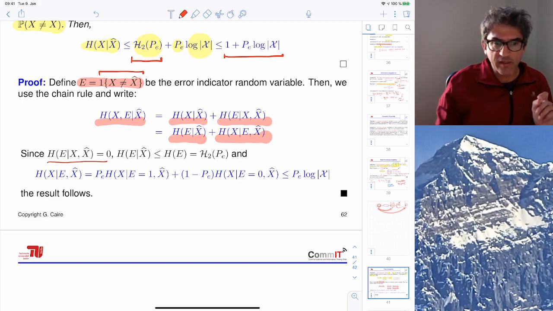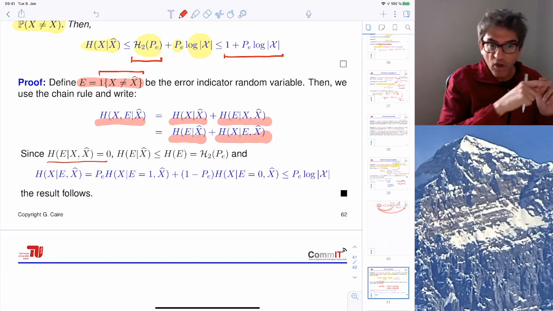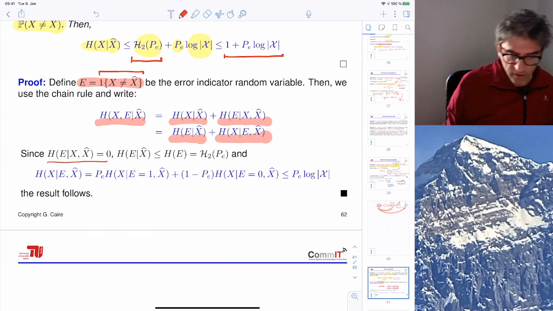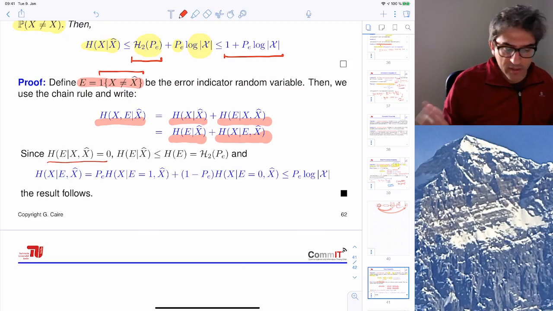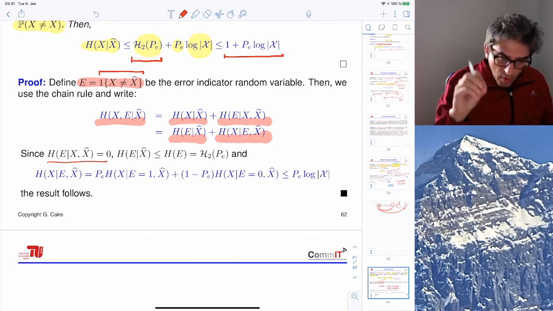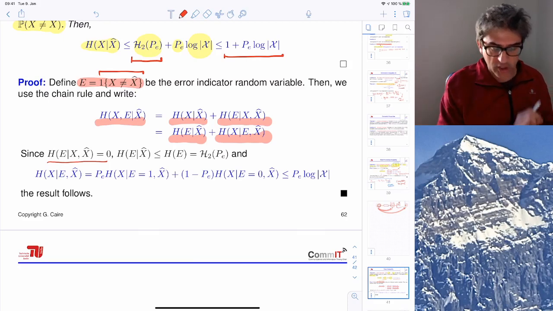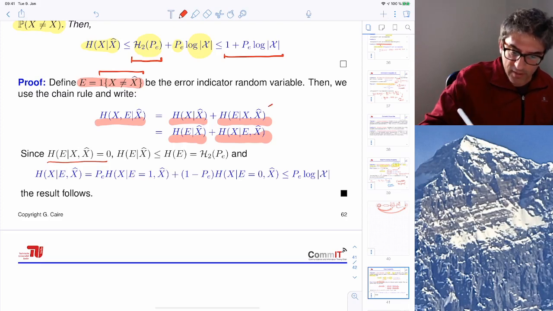The entropy is 0, because you have 0 times log, which gives 0, and 1 times log of 1, and log of 1 is also 0. So any quantity that is deterministic after conditioning has corresponding conditional entropy 0. So this is 0.